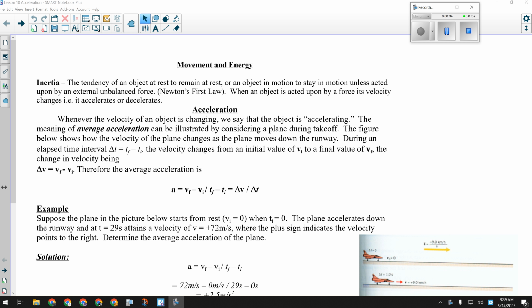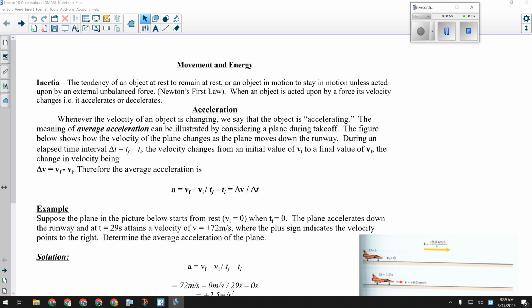All right, so first thing we need to understand is that for acceleration to occur, for an object's velocity to change, there has to be something giving it a push or giving it a pull, one or the other, right? There has to be a force acting. This has to do with Newton's first two laws.